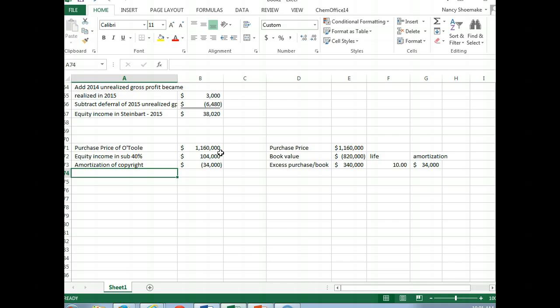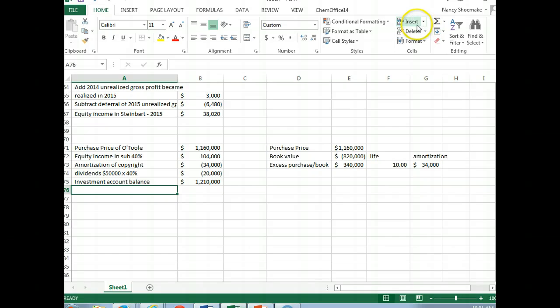Then we need to show the dividends, and they paid out $50,000 in dividends. Our share is 40%, so $20,000. So our investment account balance, an asset, is $1,210,000.